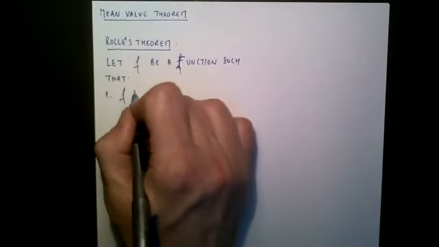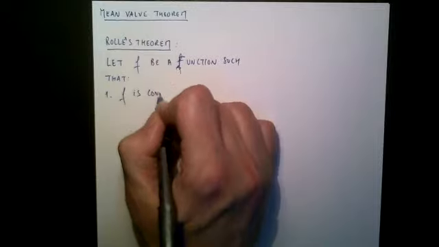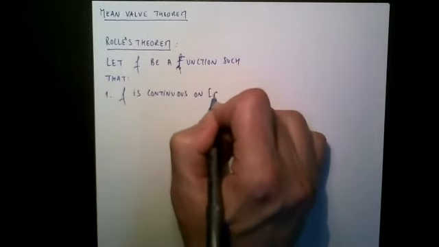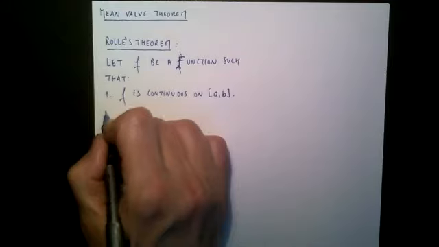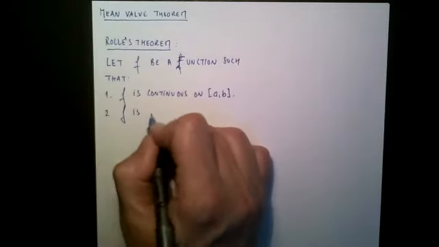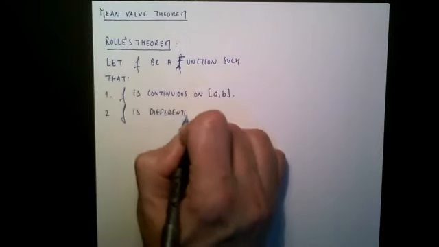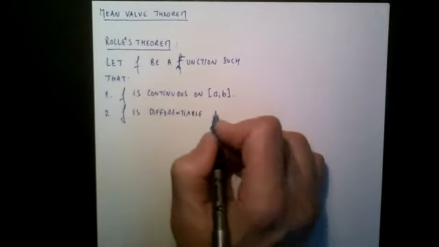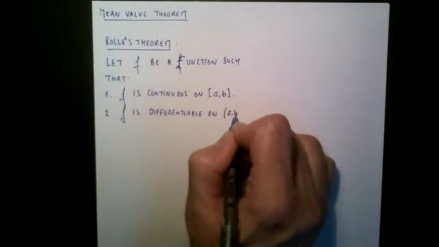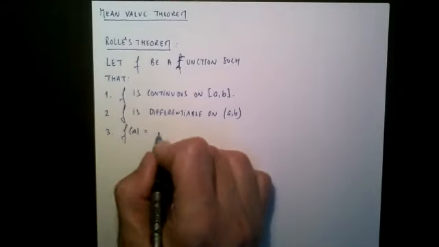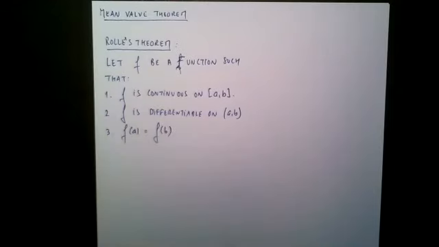One, f is continuous on the interval AB. Two, f is differentiable on AB. And three, f of A equals f of B. Okay, so these are the three conditions of this function.